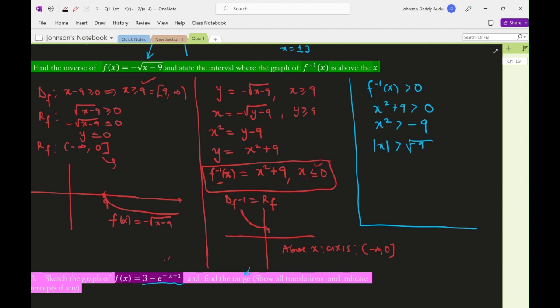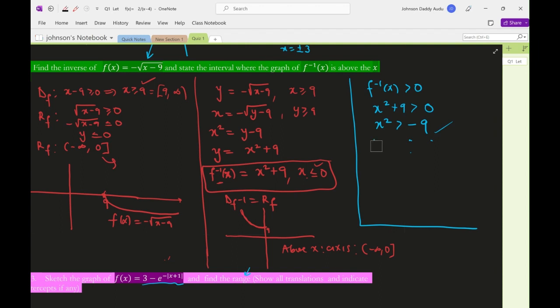So the best way to do this is just to use the graphical method. And though you can see that, because you already have a restriction on x, any x less than or equal to 0, the square of it is definitely going to be greater than any negative number.